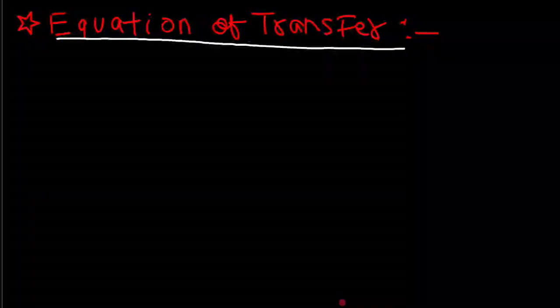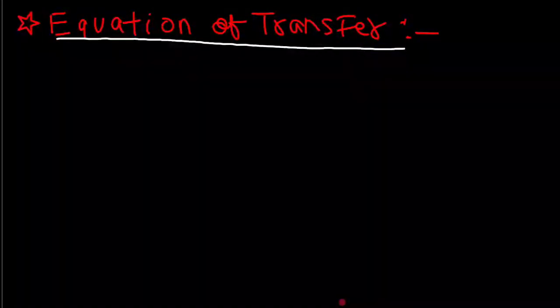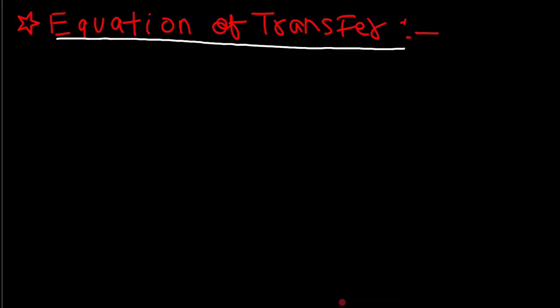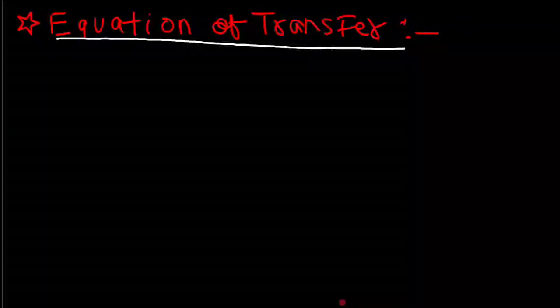simple scenario. So now let's start our video, and first of all we have to quickly recap what we have studied. Let's suppose we have a radiation. If something is emitting radiation, how are we going to define that in mathematical terms?